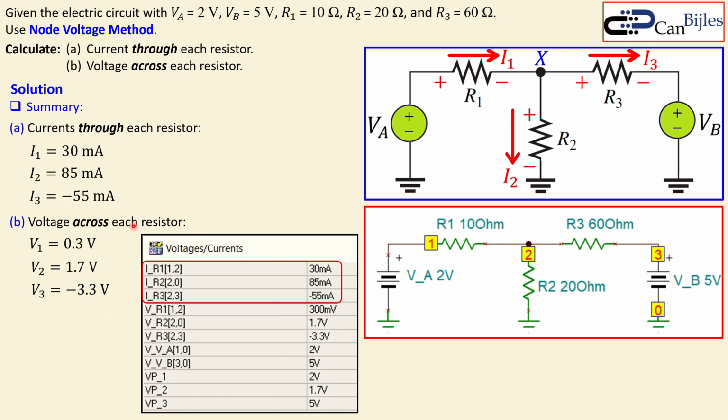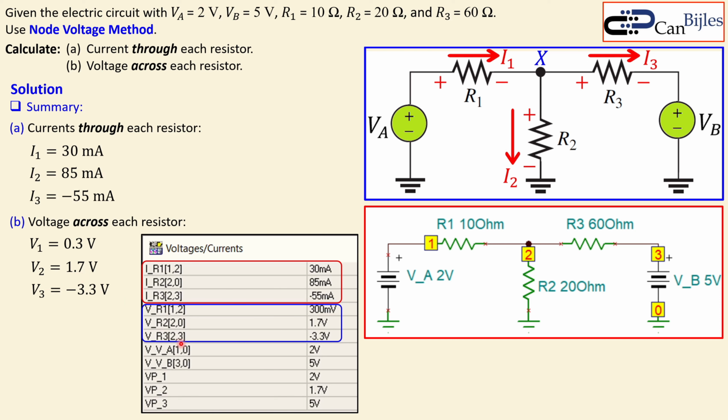Okay, now for the voltages, we can see it here, these 3 labels. 300 millivolts for the V1. That's actually this voltage between 1 and 2, that's V1. And between 2 and 0, that's V2, that's actually 1.7 exactly, but that was actually Vx.